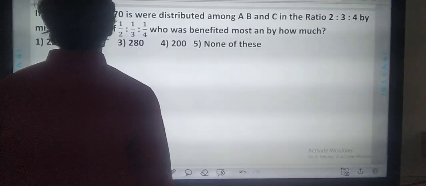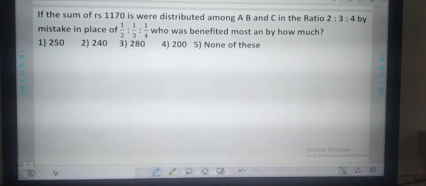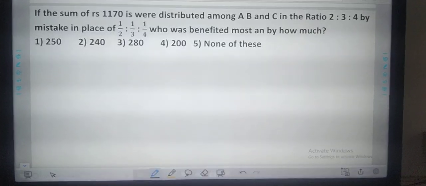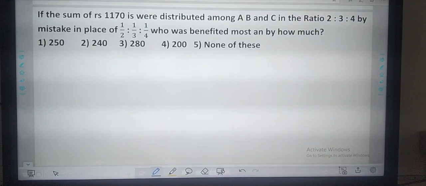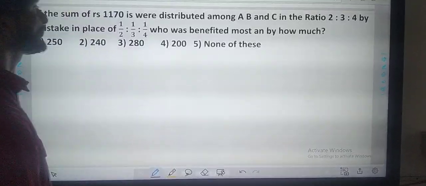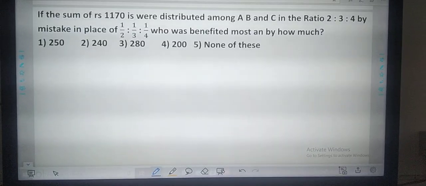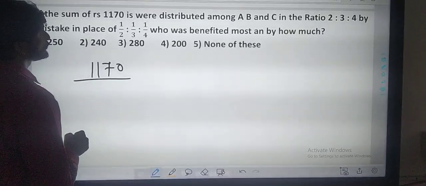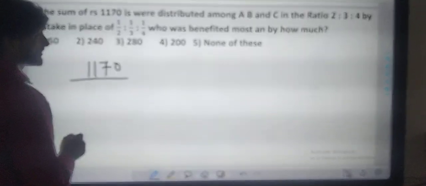If a sum of rupees 1170 was distributed among A, B, C in the ratio 2 : 3 : 4 by mistake in place of 1/2 : 1/3 : 1/4, who was benefited most and by how much? Now here 1170 is distributed among A, B, C in the ratio 2 : 3 : 4 by mistake.